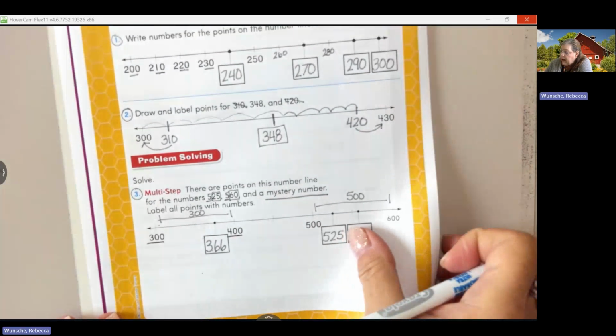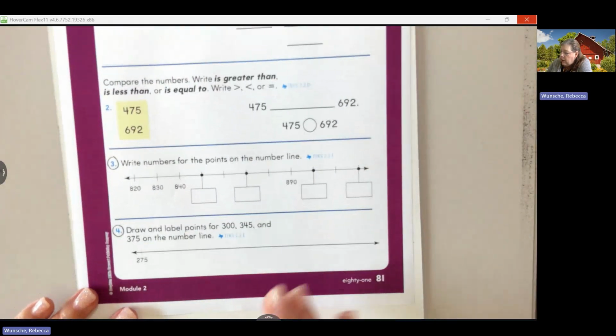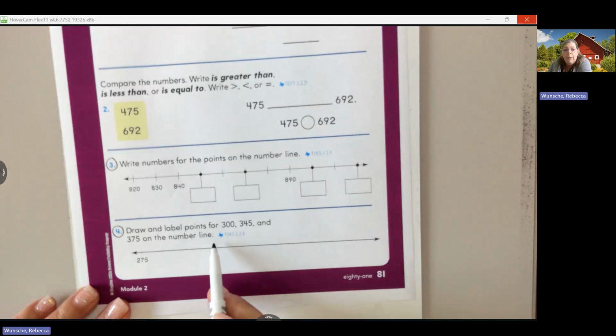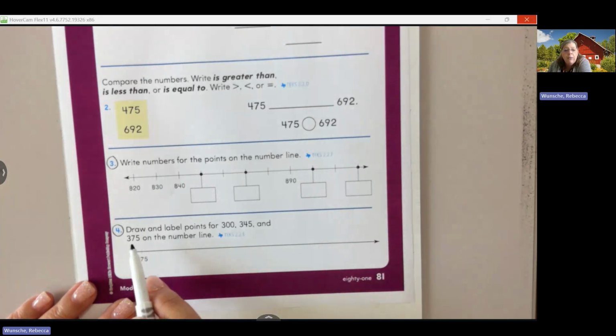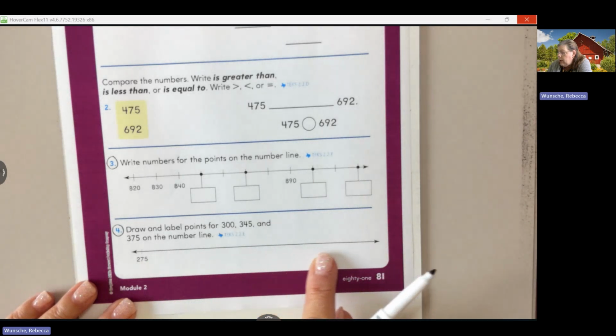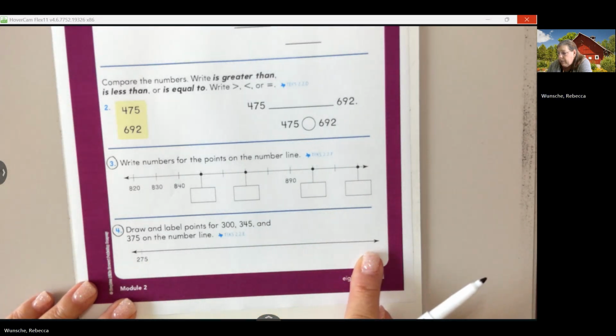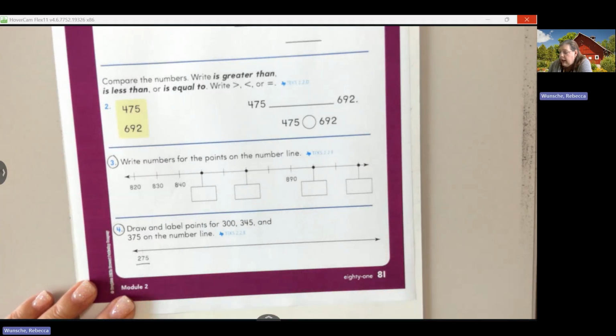There's one more problem that I want to show you on this one, and it is this problem right here where it asks us to label the points for 300, 345, and 375 on the number line. And look, we have no tick marks, we have no boxes, and this time with our number line, we only have our starting number.